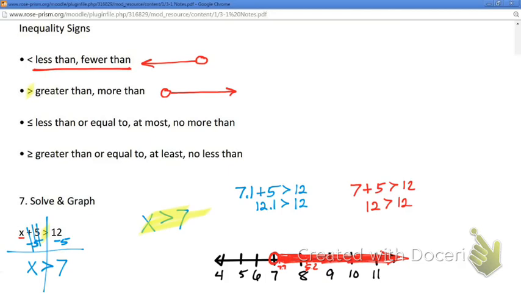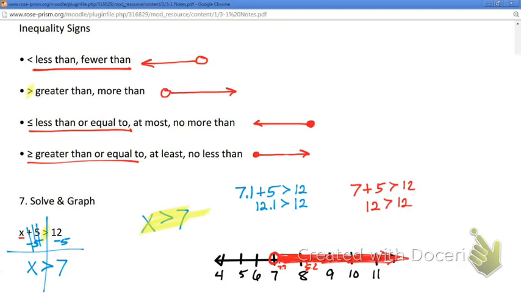Now, if this equation had said less than or equal to, with the little line underneath the less than sign, or greater than or equal to, in that case, you draw a closed circle. Closed circle to the left for less than or equal to. Closed circle to the right for greater than or equal to. Because then the closed circle is telling you that, yes, I am going to include that number and everything bigger than that number.